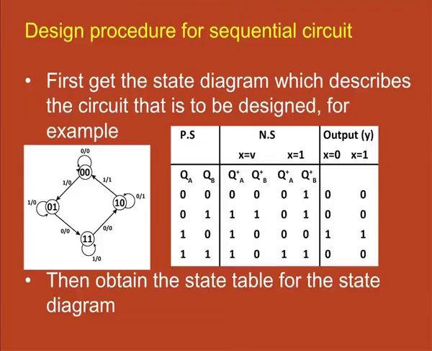The next state depends on the input, whether x is equal to 0 or x is equal to 1. For x equal to 0, we have 2 next states, QA dagger and QB dagger. Similarly, for x equal to 1, we have 2 next states, QA dagger and QB dagger, and we also have the output for x equal to 0 and x equal to 1.